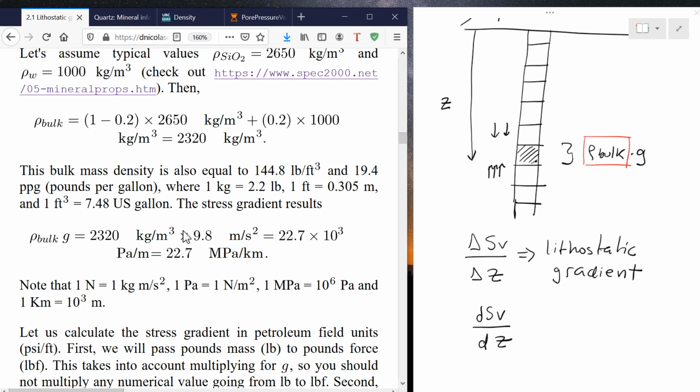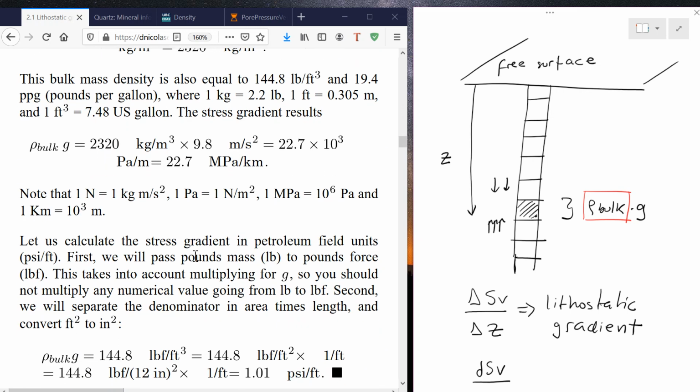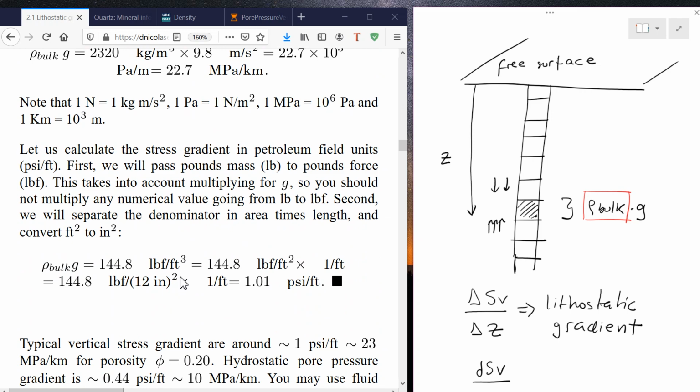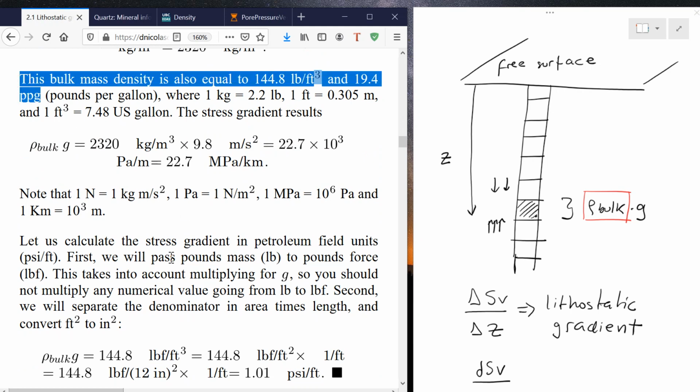So for this particular rock, if I have a formation which is continuously made of this rock, then every kilometer I would have an increase of 22.7 megapascals. If you want to convert this to field units, you also have to work with field units, and here you have the solution. The equivalent density of that rock, here is the explanation of how to do that.